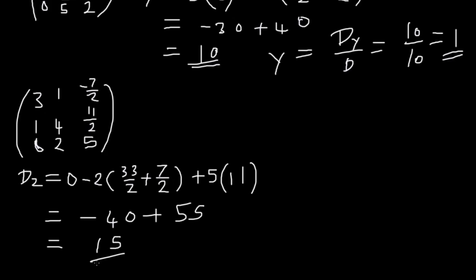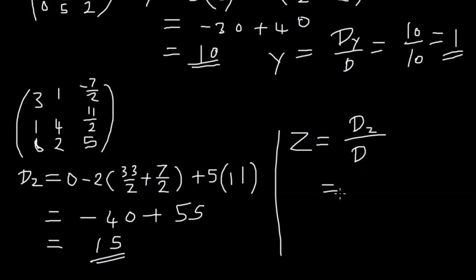So your dz, the determinant in the z column, has given you 15. To find z, we are going to write dz over d. So dz there will be 15, then divide by our d, which we found to be 10.